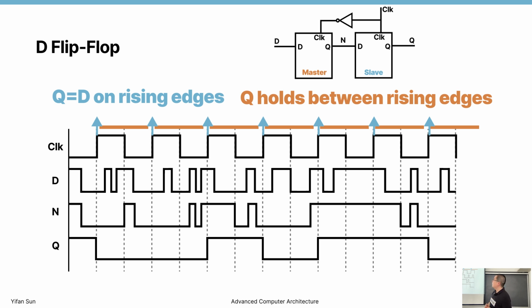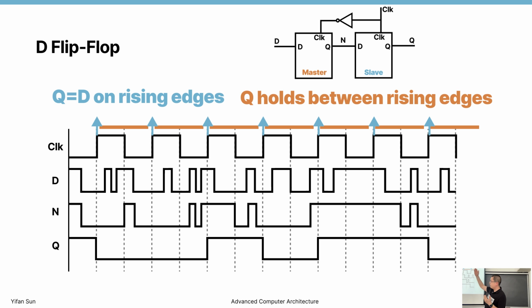Now when we are at the edges, Q equals D on rising edges. At this moment, D is already passing data to N, so N has this value.